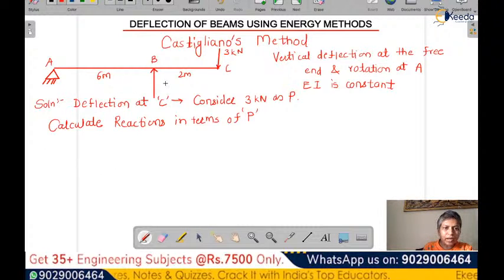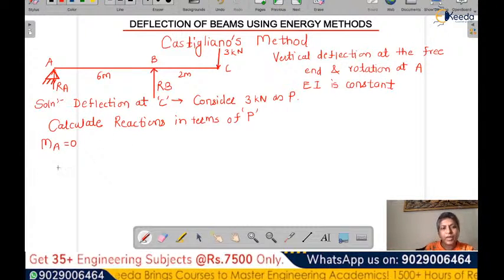So we can write that this is RB and this is RA. With this, let's consider moment about A is equal to 0. So if we call the load P, then P into 8 meter is equal to RB into 6.